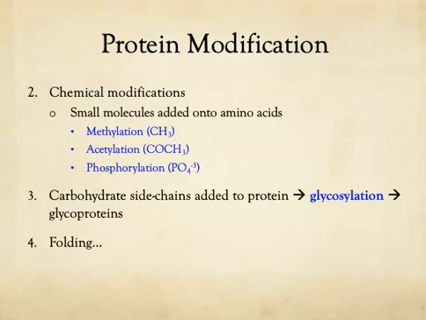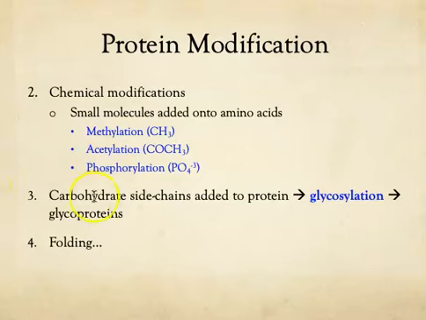So cleavage and splicing are common modifications that are made to newly formed polypeptides. Next on our list of modifications are what we just refer to as chemical modifications. And by chemical, we're referring to small molecules that are sometimes added on to one or more of the amino acids in the polypeptide.